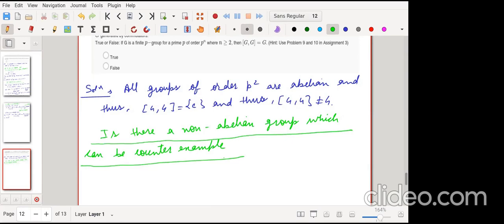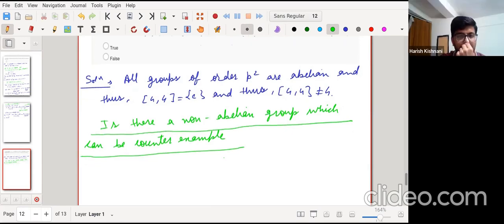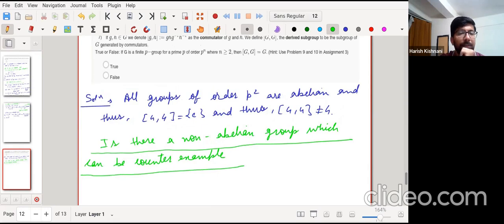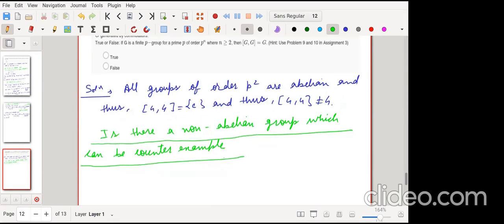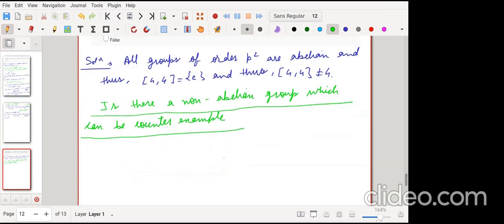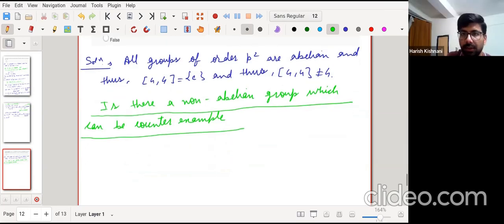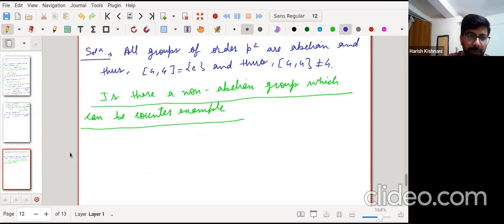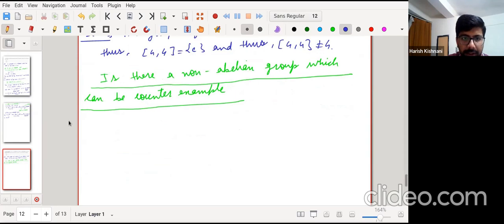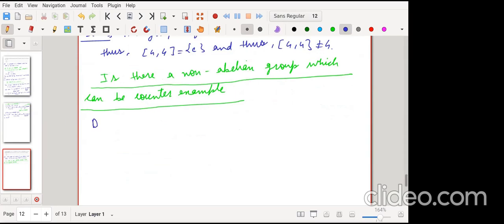Q8. Yes, Q8. Something else of order 8: D4. So D4 or Q8. In some books D4 is also represented as D8, so I'm just writing here D2 into 4.